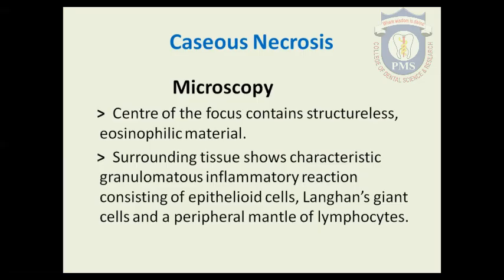Microscopy. Center of the focus contains a structureless eosinophilic material. Surrounding tissue shows characteristic granulomatous inflammatory reaction consisting of epithelioid cells, Langerhans giant cells, and a peripheral mantle of lymphocytes.